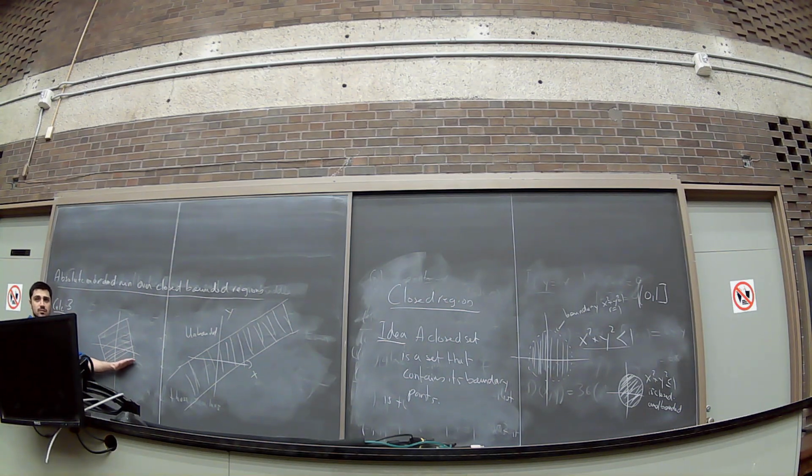Is it closed? Everybody, is it closed? No, right? Does it contain all of my boundary? No, this one is not complete. Not closed. Is it bounded? Not closed, but bounded.